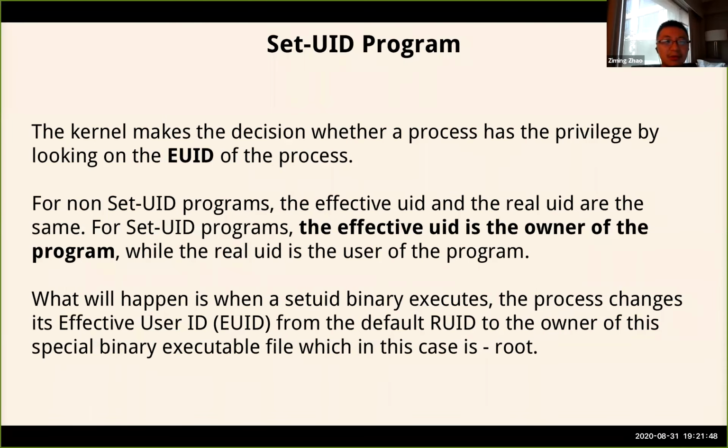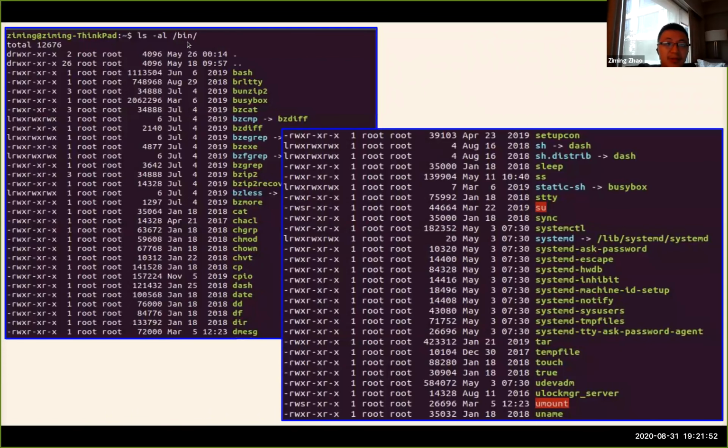Here I have an example. We have the bin folder, which has many tools you use every day, right? We have bash, zip, unzip, cat, and chmod. So who are the owners of those programs?